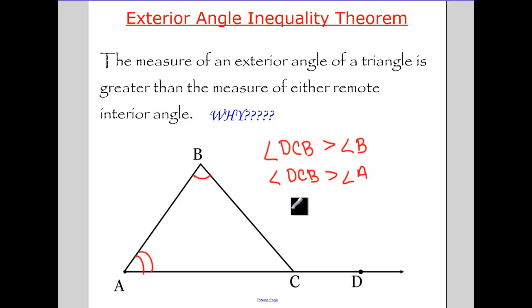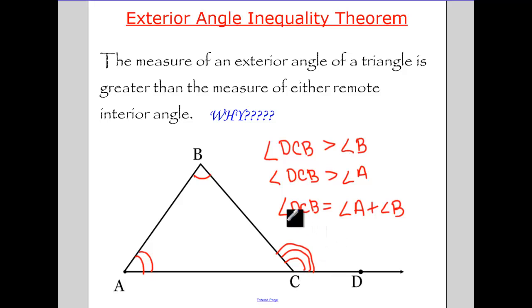Okay, so let's look at why that is. Why is that? Well, that's because angle DCB is equal to the sum of A plus B. So by that previous property, we know angle A plus angle B, by our triangle exterior angle theorem, A plus B equals the exterior angle.